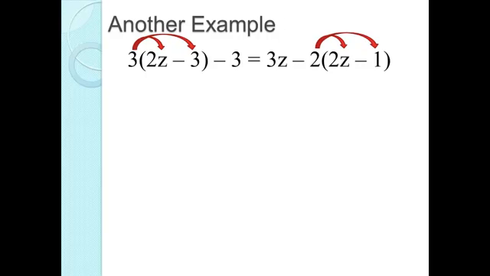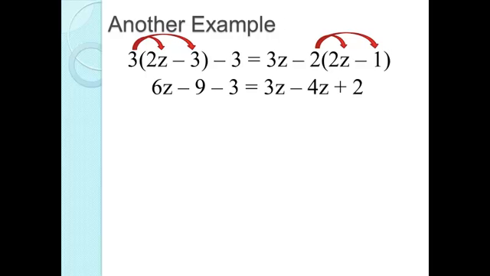Rewriting our problem, on the left-hand side, we have 6z minus 9 minus 3. And on the right-hand side, we have 3z minus 4z plus 2. Remember, on the right-hand side, we were distributing a negative 2. So the negative 2 times 2z gives us negative 4z, and the negative 2 times the negative 1 gives us a positive 2.